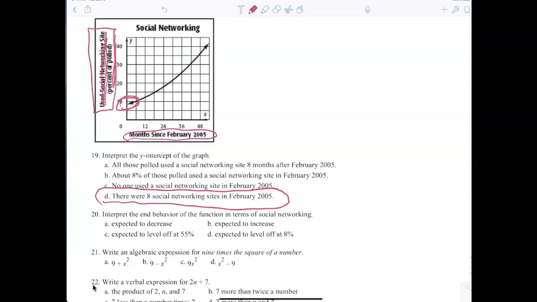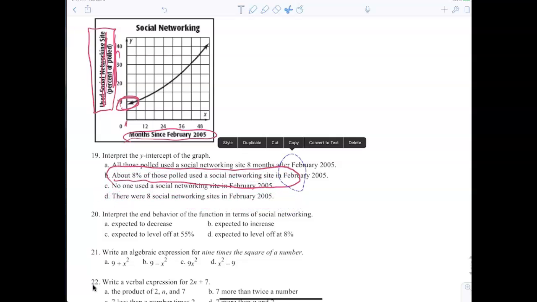So these right here, it is the percent. Now, it's the percent at the beginning. So again, the beginning is what? February 2005. So it says, yeah, that looks like to me about 8%. About 8% of those polled used a social networking. Thank you, Bo, again. You get the star for the day. All right, so correct answer is B.